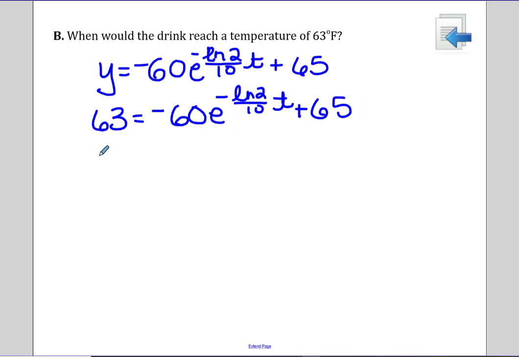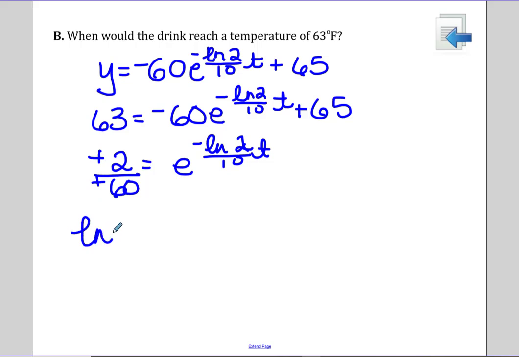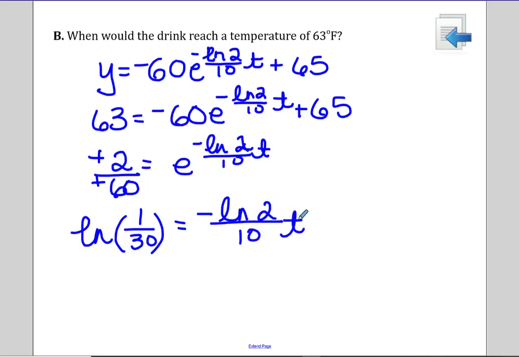Subtracting 65 from both sides and dividing by negative 60, we get 1 over 30 equals e to the negative natural log of 2 over 10 times t. Taking the natural log of both sides, we get natural log of 1 over 30 equal to our exponent, negative natural log 2 divided by 10 times the time.